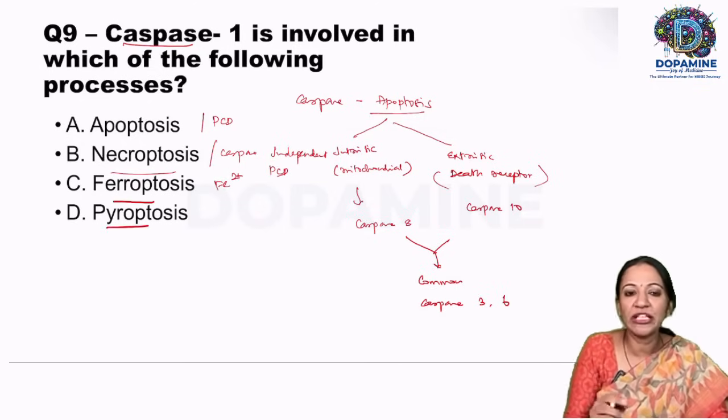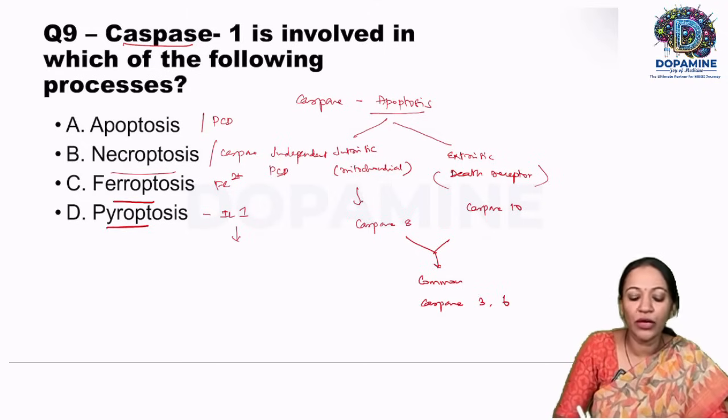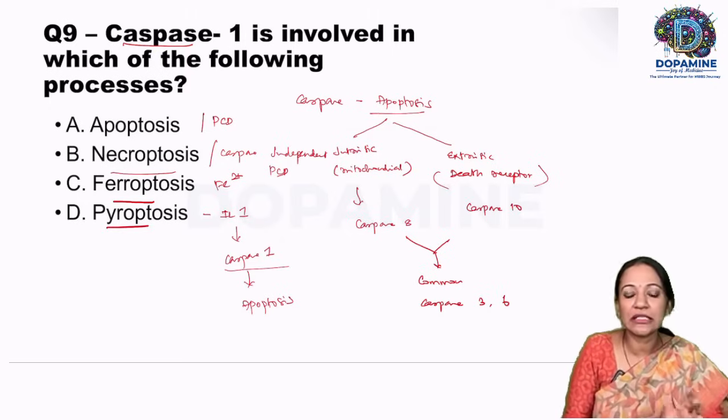Pyroptosis. So pyro means fever. So pyrogens, to be specific, interleukin 1, which is a pyrogen, will activate caspase 1. And this will cause cell death. Since caspase 1 is involved, they have kept it as a separate category. So caspase 1 is involved in which process? It is pyroptosis.